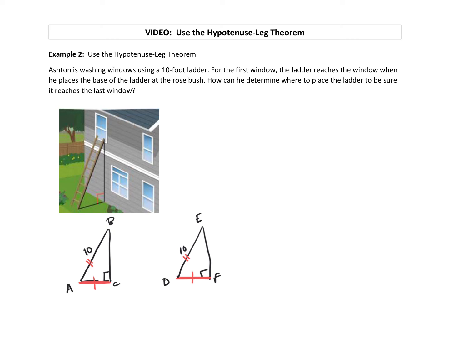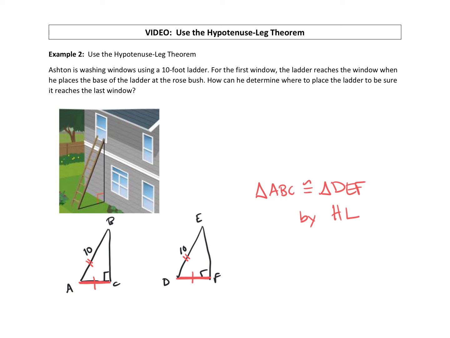So these triangles will be congruent by the HL postulate. So right now, triangle ABC is congruent to triangle DEF by the hypotenuse-leg postulate.